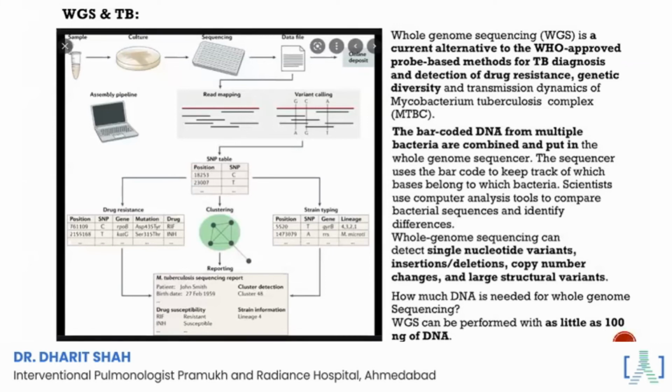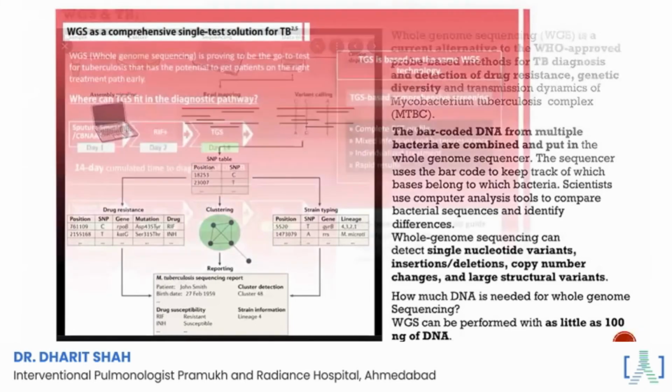So if your sample is paucibacillary in nature, we can also get the report from that specimen. I think for GeneXpert, 13 to 100 bacilli in the sample are required.